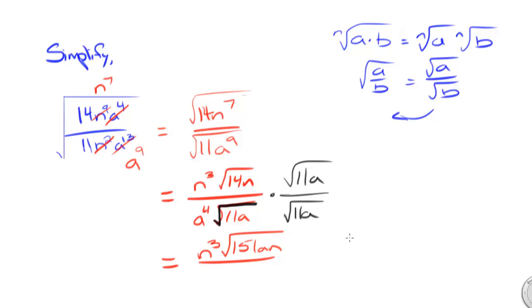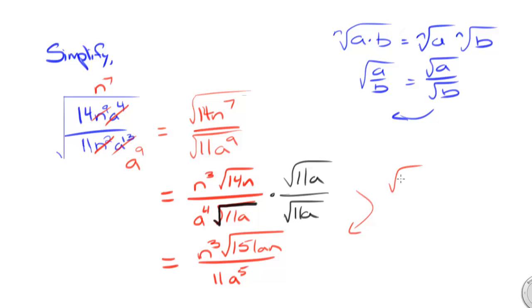And then what happens in the denominator is quite magical, and it's why I multiplied by the square root of 11a. On the side, I'll just show what's going to happen. Actually, let me say this. After you multiply all this together, what I'm going to have is 11a to the 5th without any square root. That was the reason that I multiplied by this, but let's talk about what happened between those 2 steps.